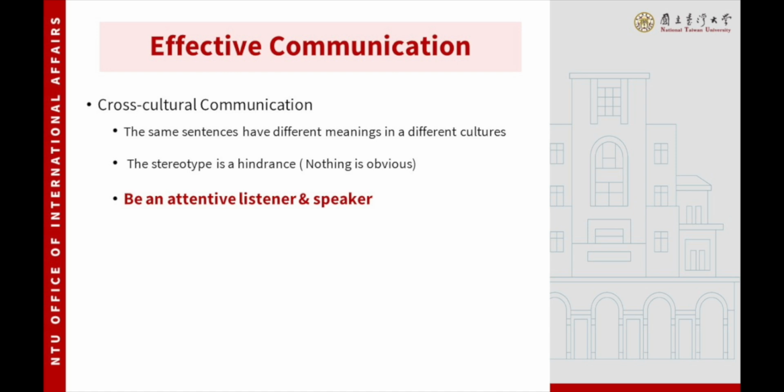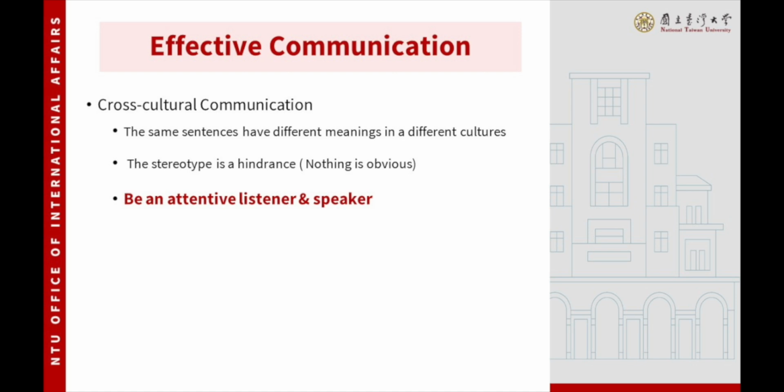Cross-cultural communication principles. Since international students come from diverse cultural backgrounds, their understanding of events and communication styles may differ from ours. To avoid misunderstanding and ensure smooth interactions, please follow these principles. First, different cultures may interpret the same event differently.